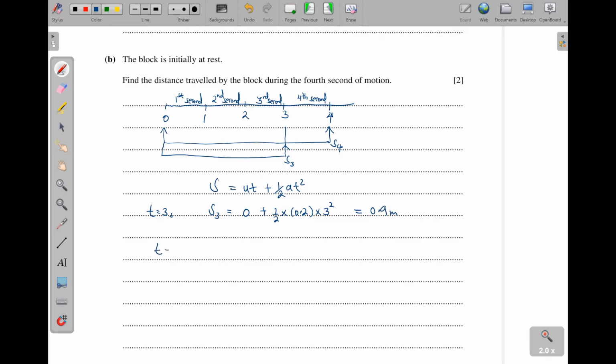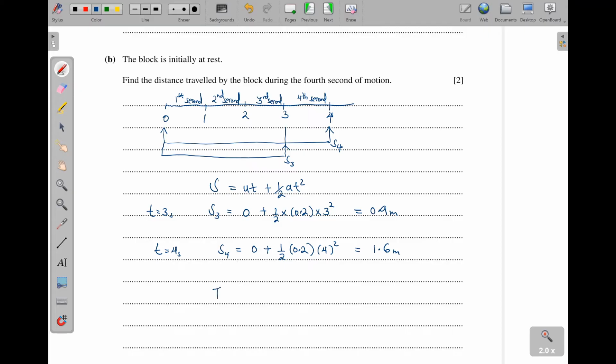How about when t is equal to 4 seconds? So S4 is going to be equal to 0, then plus a half. The acceleration is still 0.2, and the time here is 4, then we square it. So 16 times 0.1 gives us 1.6 meters.